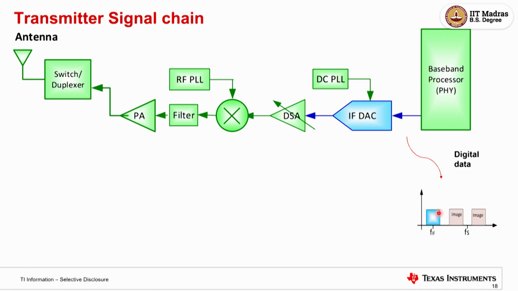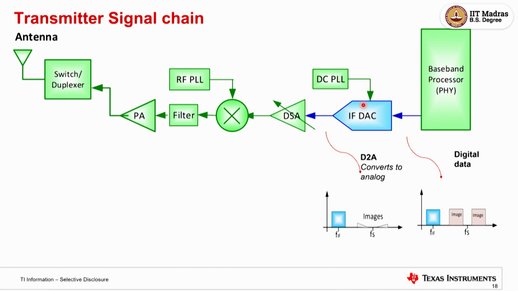We'll see why. This blue thing is the information that I want to send onto the final air. That's what I want to do. But digital starts off with a lot of copies because of the way digital is. After every clock the sample is repeated, meaning you can't differentiate the information. You will understand that concept.